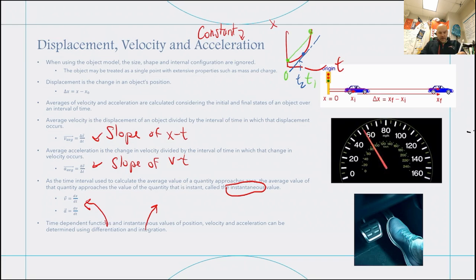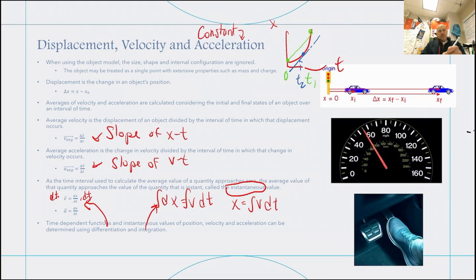If I want to find position, or delta x, I multiply by dt on both sides, and I end up with dx equals v dt. To get rid of the differential, I take the integral, so the d cancels on the left side, and it becomes the integral of v dt.